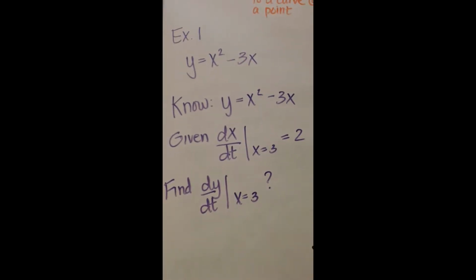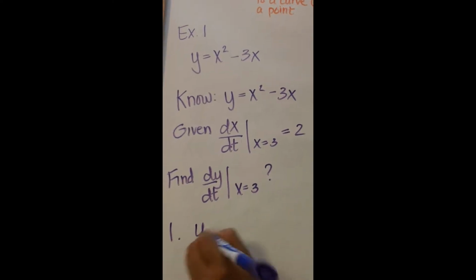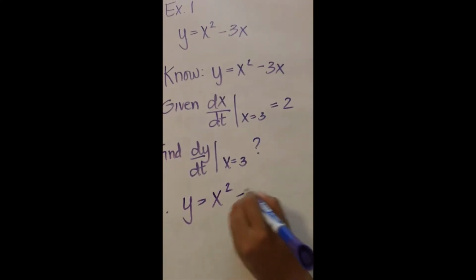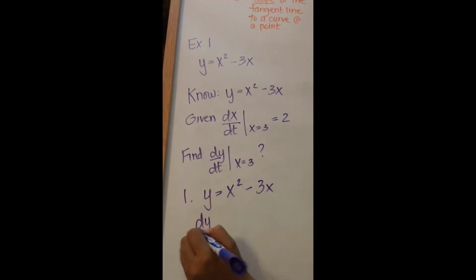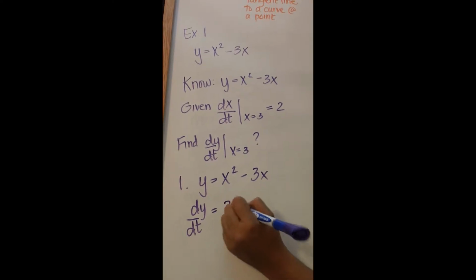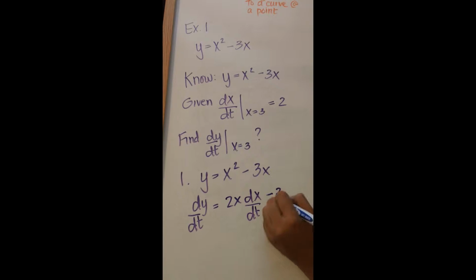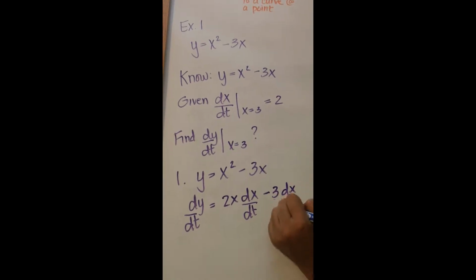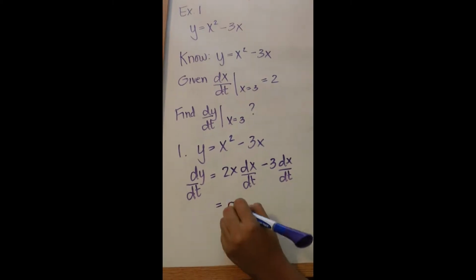So first we have to take what's known, find the derivative of both sides with respect to time. So dy/dt equals 2x dx/dt minus 3 dx/dt. On the right side, we can factor out a dx/dt.